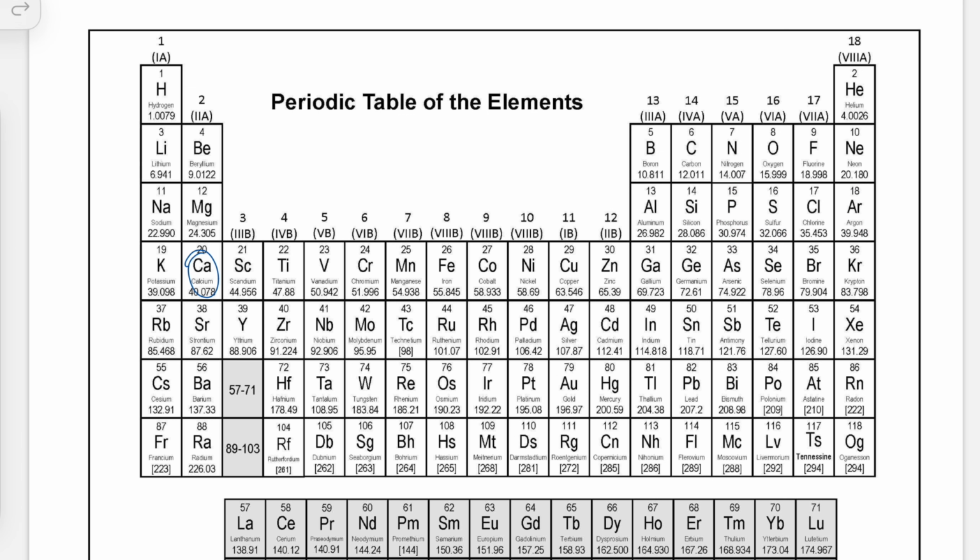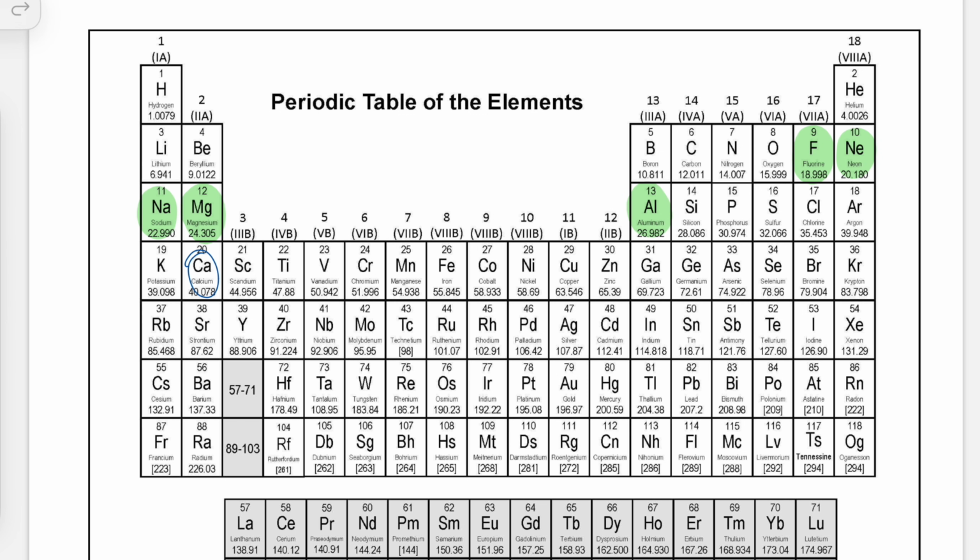We're looking at the aluminum cation, magnesium cation, and the sodium cation, neon, and then the fluorine anion. And these all have the same number of electrons, and they're all isoelectronic to the neon neutral atom. So 10 electrons each.